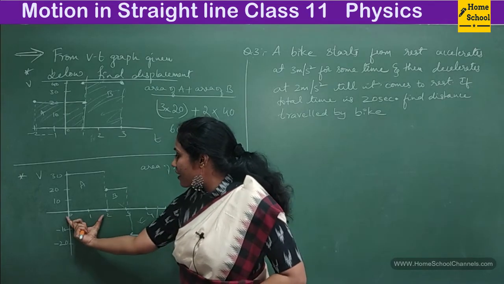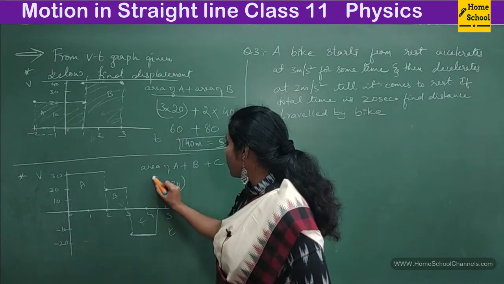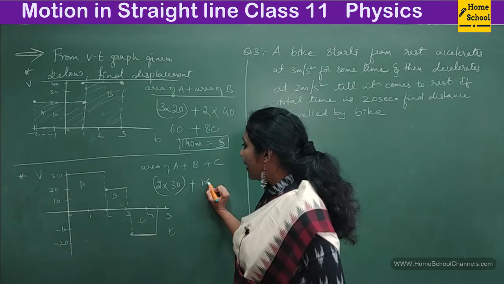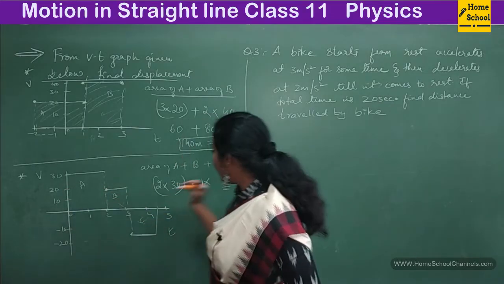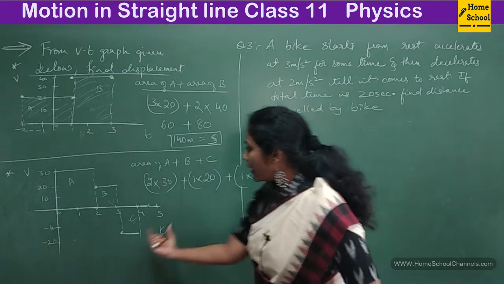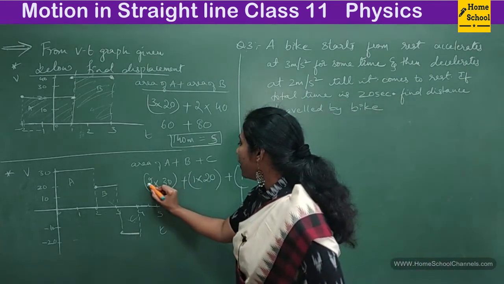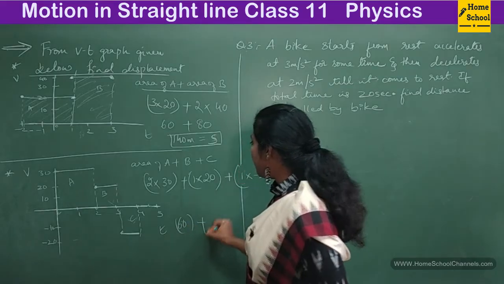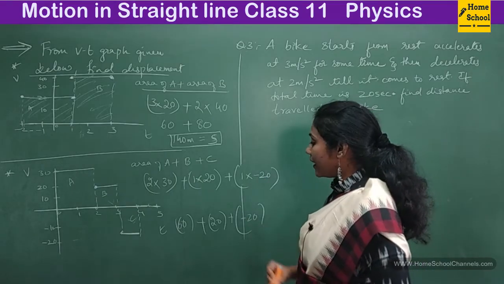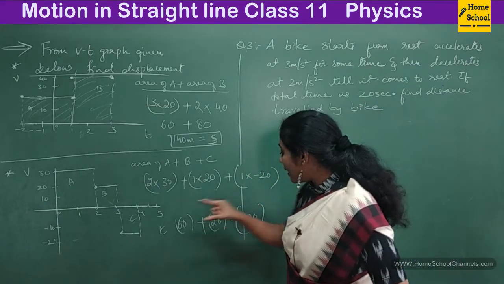What is the length here? 0 to 2, so 2, into breadth, which is 30. So 2 into 30 is 60, plus B. The area of B is a difference of 1 unit, into a difference of 0 to minus 20, so minus 20. So this rectangle's area is minus 20.